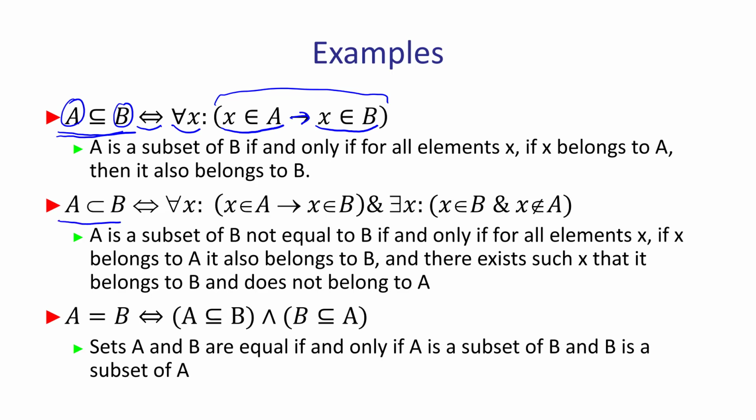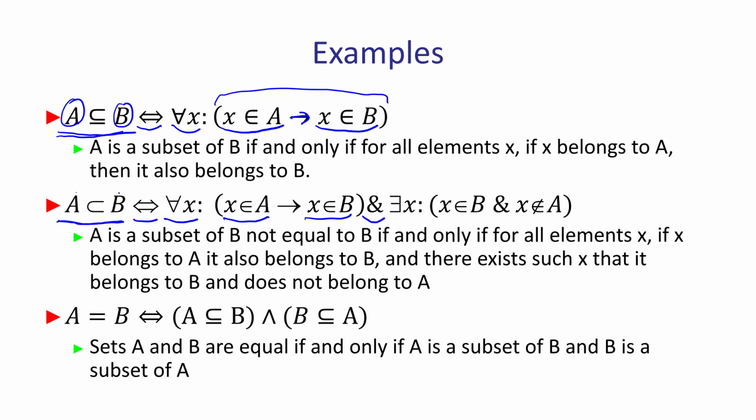Another one where you don't have equality, which means that at least one of the elements of B is not in A. So how do you write that formally? A is a proper subset of B, which has some element of B which is not in A, if and only if for all elements x, if x belongs to A, x also belongs to B. So this is exactly how it was in the previous one.